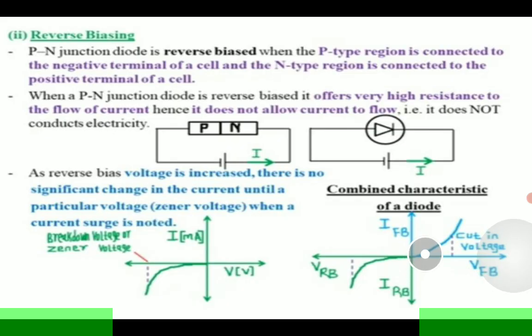On this end we have a graph showing forward bias, in which current increases sharply as voltage is increasing, and on this end the reverse bias mode, where current is not noted until a certain voltage, which is called the Zener voltage, when the current is seen to rise very sharply.